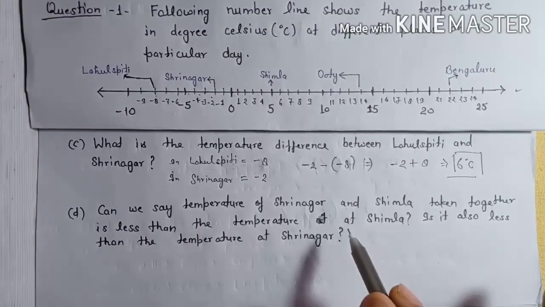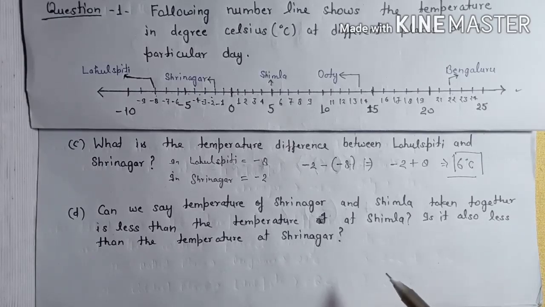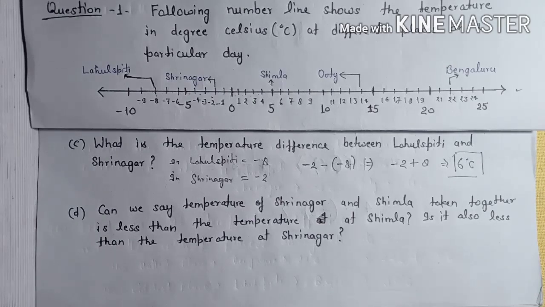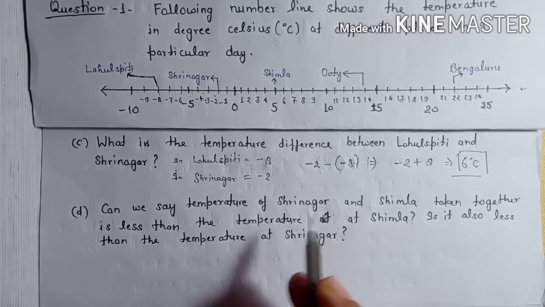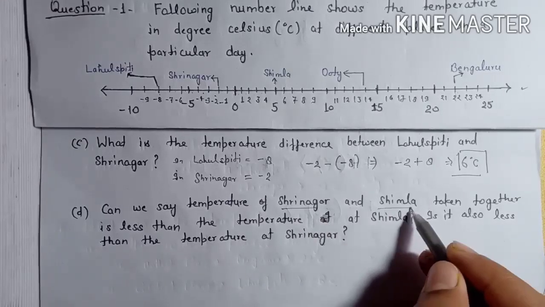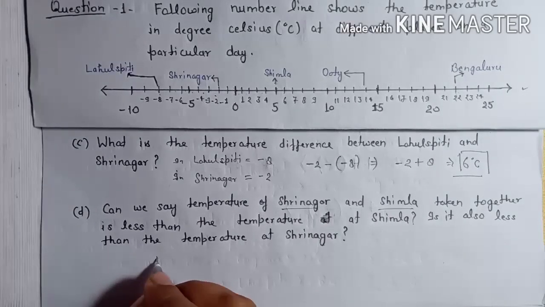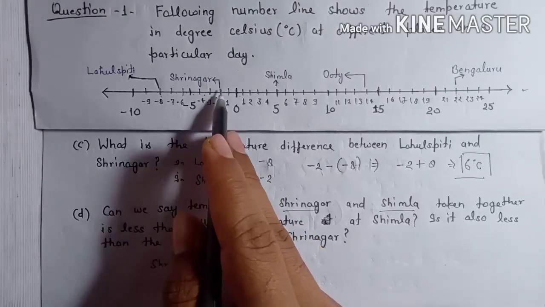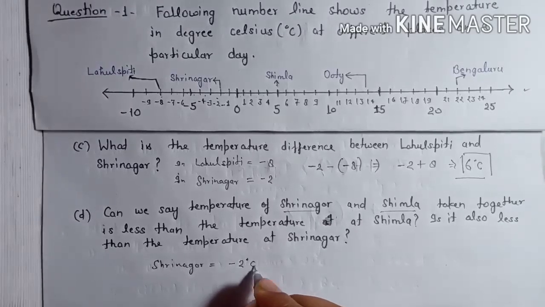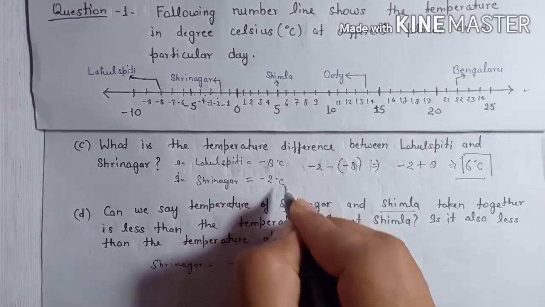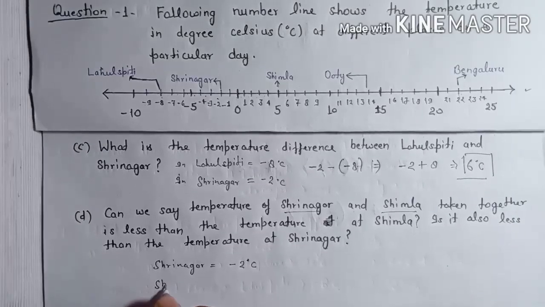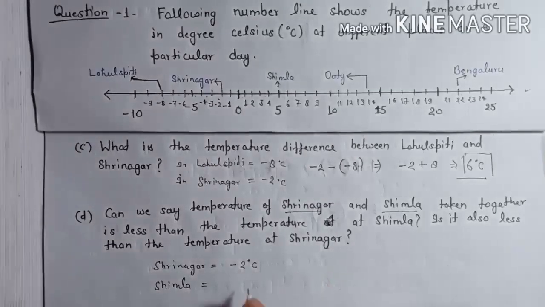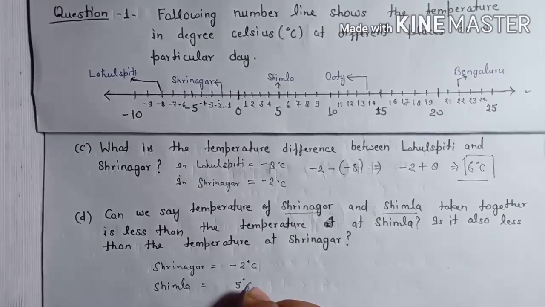Can we say the temperature of Srinagar and Shimla taken together is less than the temperature at Shimla? And is it also less than the temperature at Srinagar? When you take the temperature of Srinagar and Shimla together, the temperature at Srinagar is -2 degrees Celsius and at Shimla it is 5 degrees Celsius.